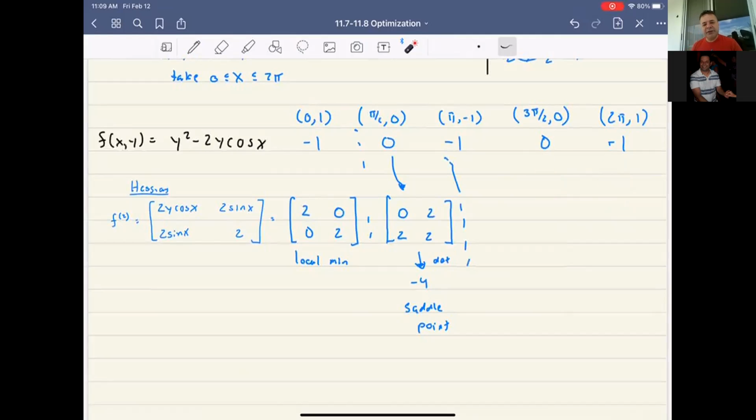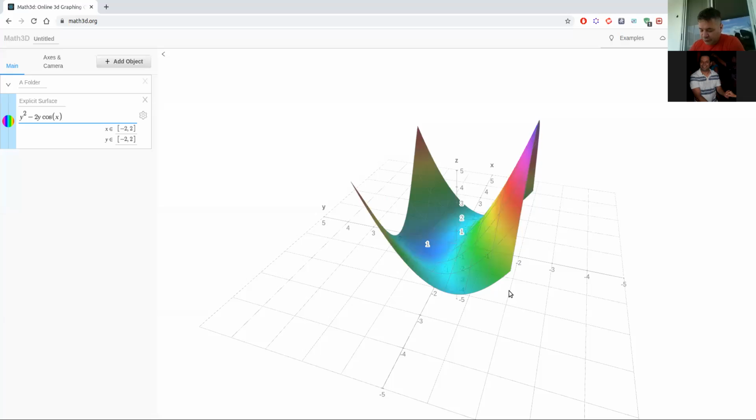Okay, I wanted to go ahead and take a look at this graph. So give me just a second. Okay.